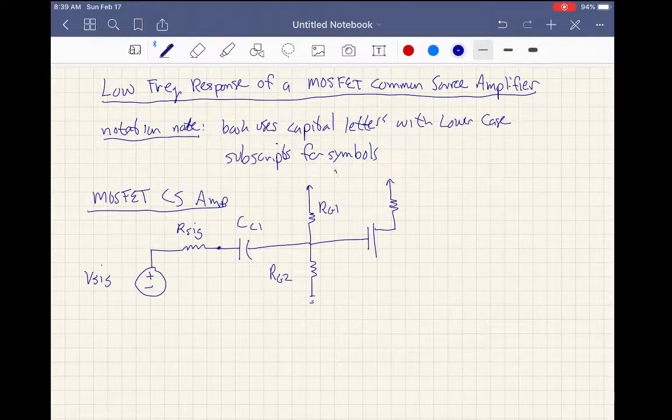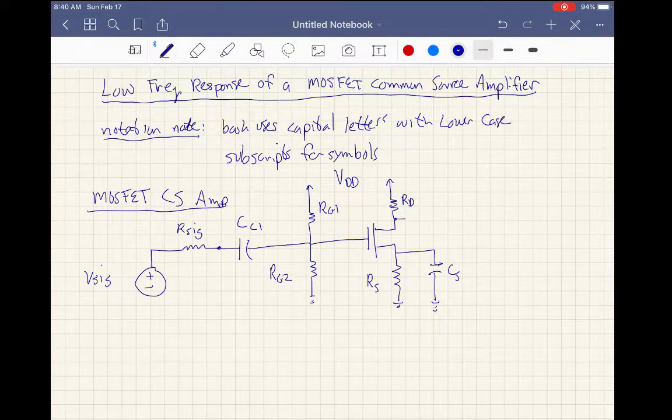We've got a biasing voltage here, VDD. We've got an RS for source resistance, and a bypass cap here, call this CS. This is RD, the drain resistor.